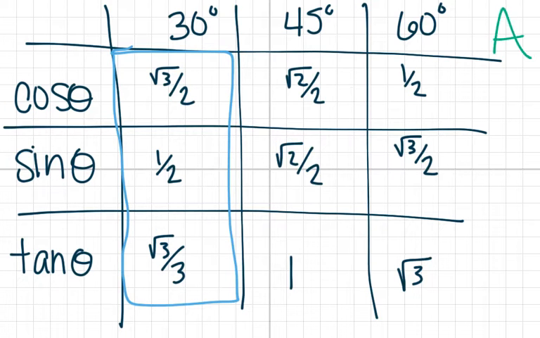So I just always think all students take calculus, and that tells me what's positive. I drew them like this because that would be my quadrants, right? So in quadrant 1, all three are positive. In quadrant 2, only the sine is positive. In quadrant 3, only the tangent is positive. And then in quadrant 4, only the cosine is positive.